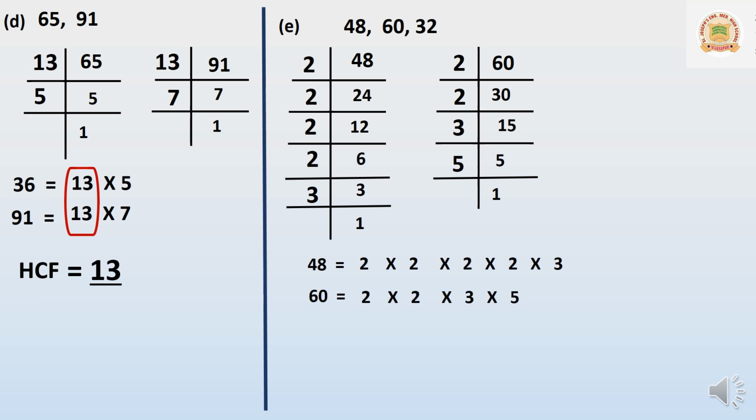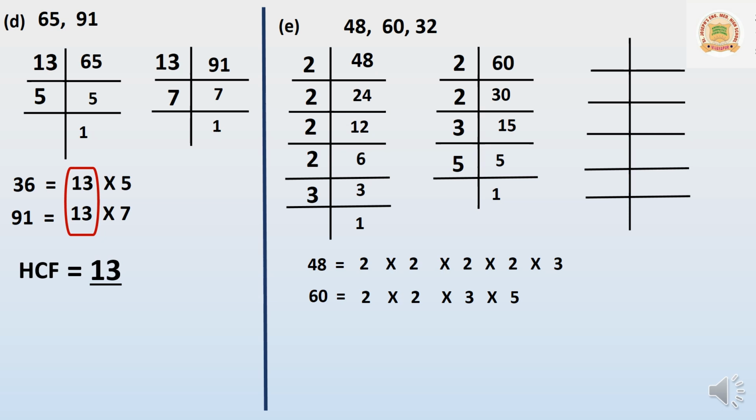So 60 is equal to 2 into 2 into 3 into 5. 32: 2 16s are 32, 2 8s are 16, 2 4s are 8, 2 2s are 4, 2 1s are 2. Therefore 32 is equal to 2 into 2 into 2 into 2 into 2.